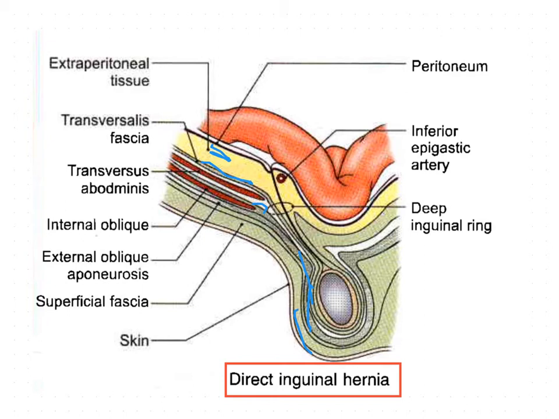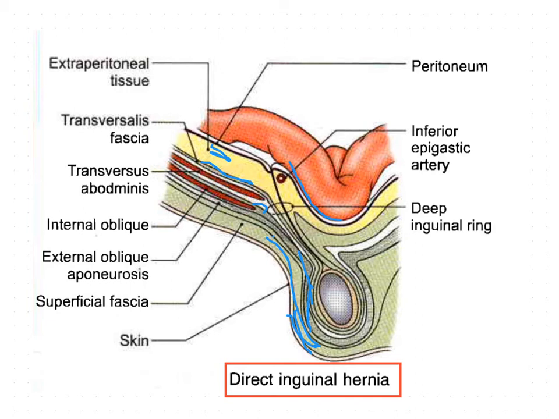The cremasteric fascia normally constitutes the cremasteric muscle, which is made up of muscle loops. The external spermatic fascia is derived from the external oblique aponeurosis. This is the continuation, and then the skin. These are all the coverings of the lateral direct inguinal hernia.